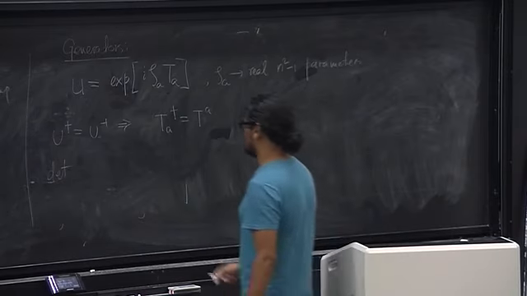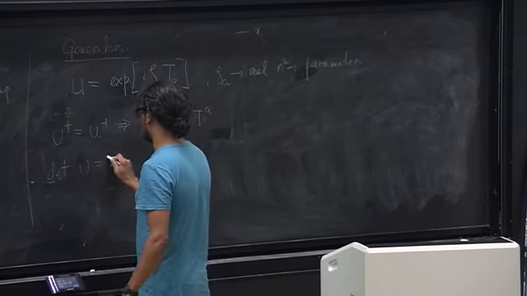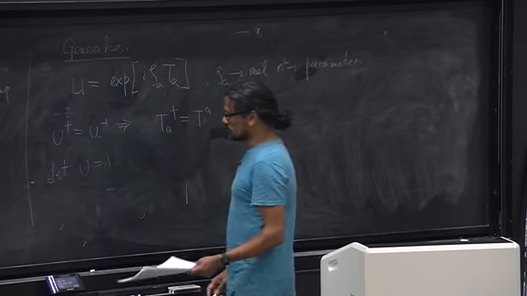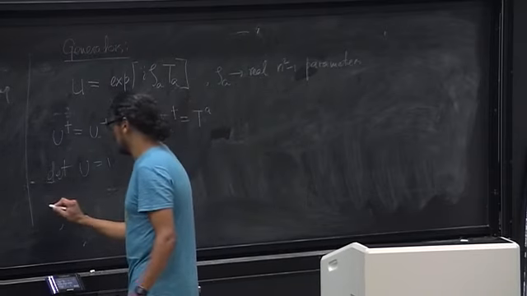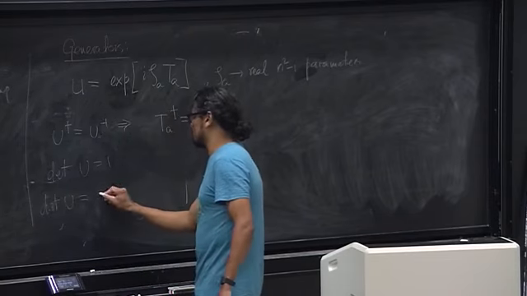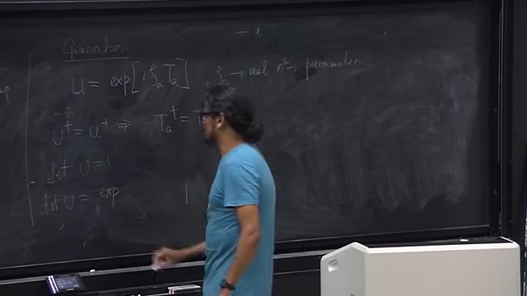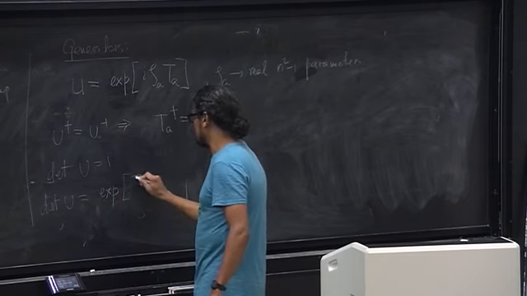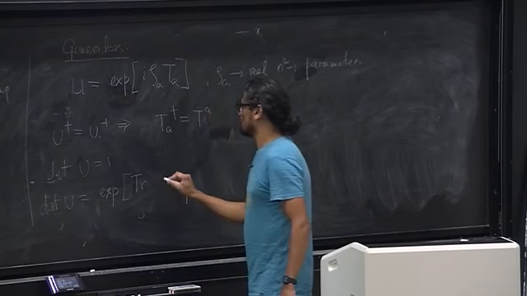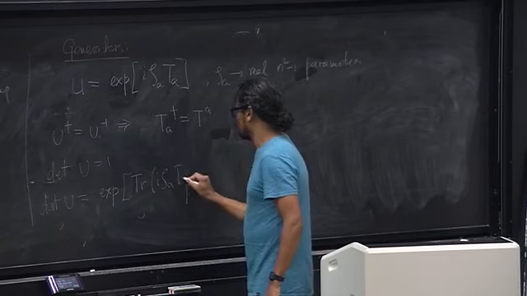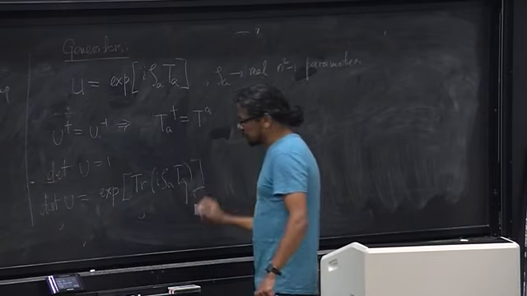And if you have the determinant of U equal to 1, the determinant of U turns out, you can show, to be equal to the trace of the argument of the exponential.